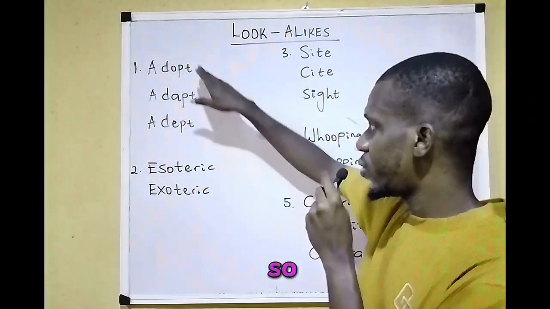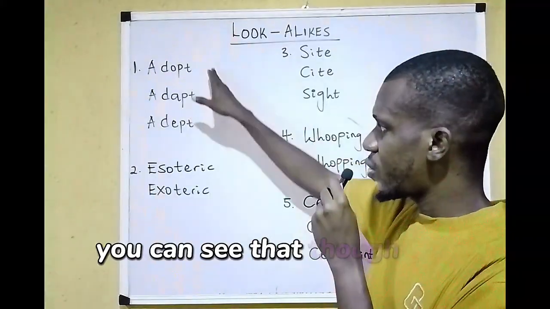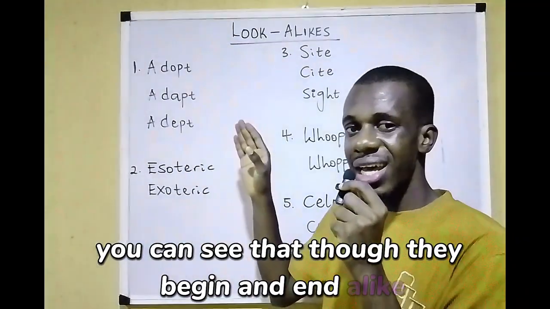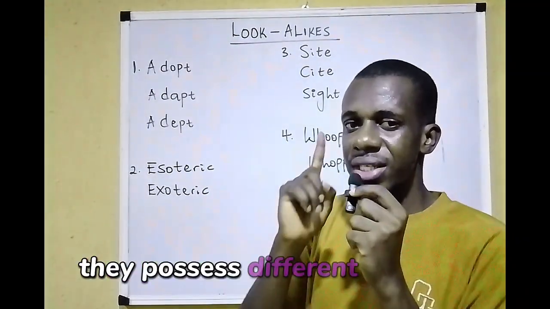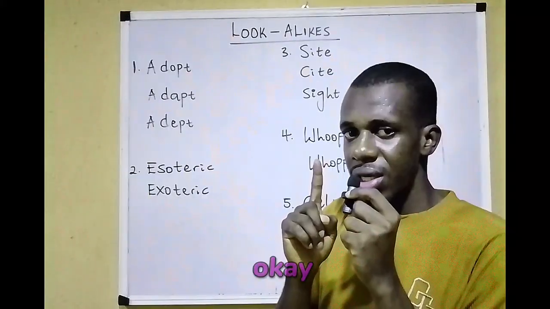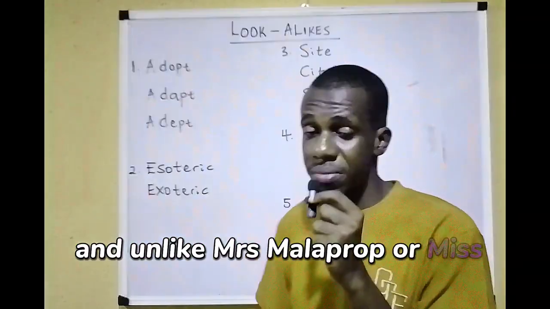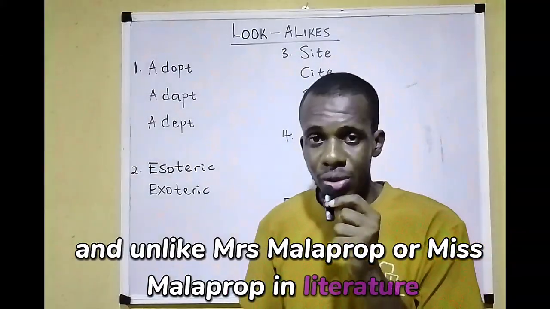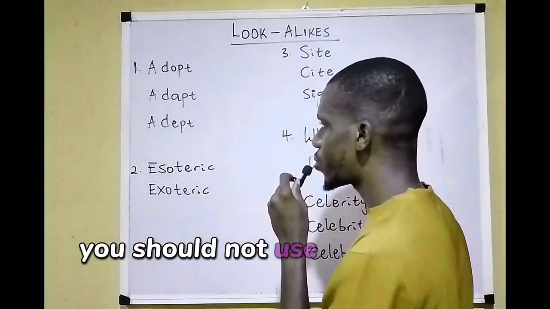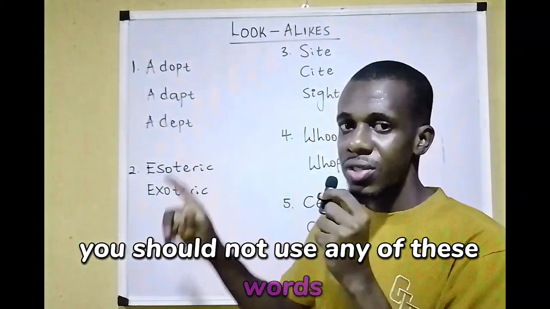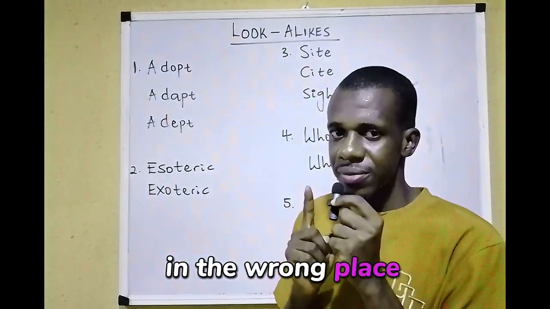So you can see that though they begin and end alike, they possess different meanings. And unlike Mrs. Malaprop or Miss Malaprop in literature, you should not use any of these words in the wrong place.